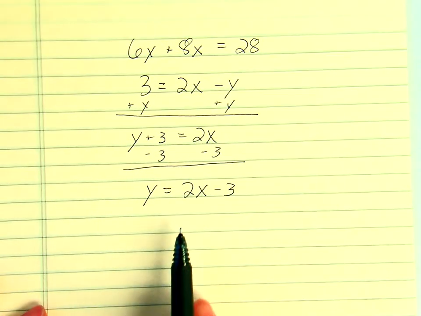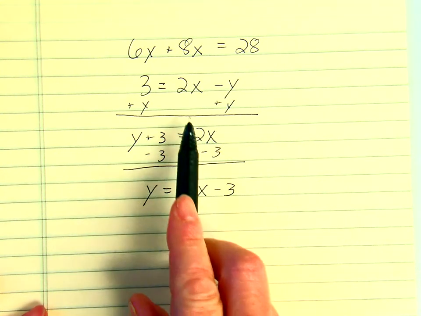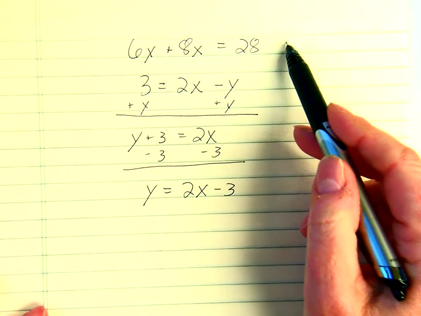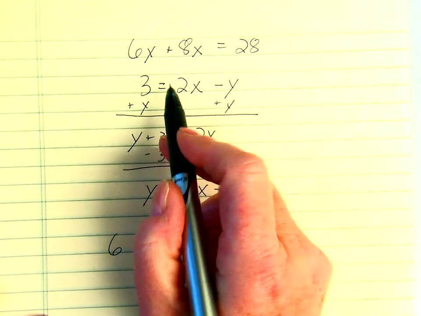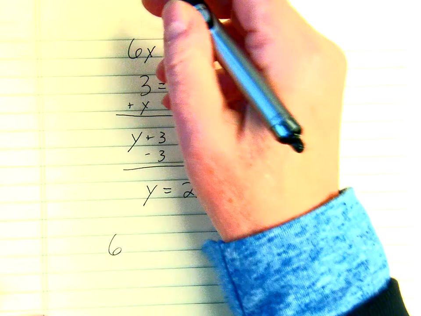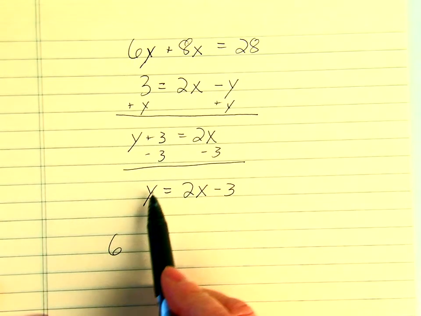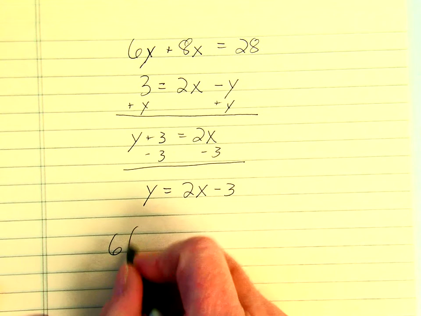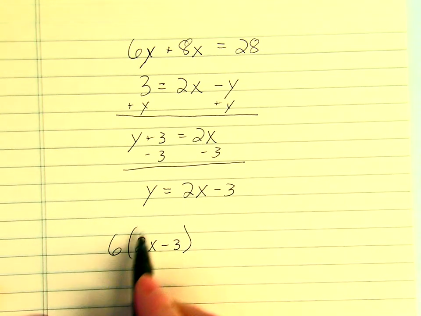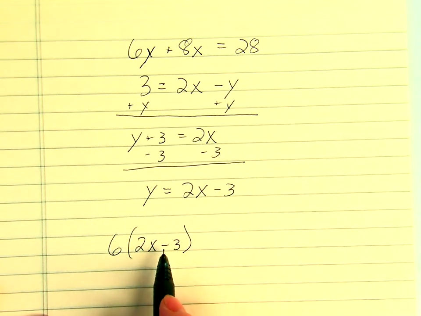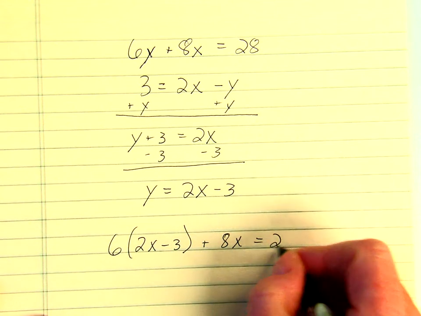But now I do know exactly what y equals. So I'm going to come back up to this first equation, and I'm going to say 6 times y. Yeah, I wrote it badly, but that is indeed a y. And y equals this, so 2x minus 3 will replace my y, plus 8x equals 28.